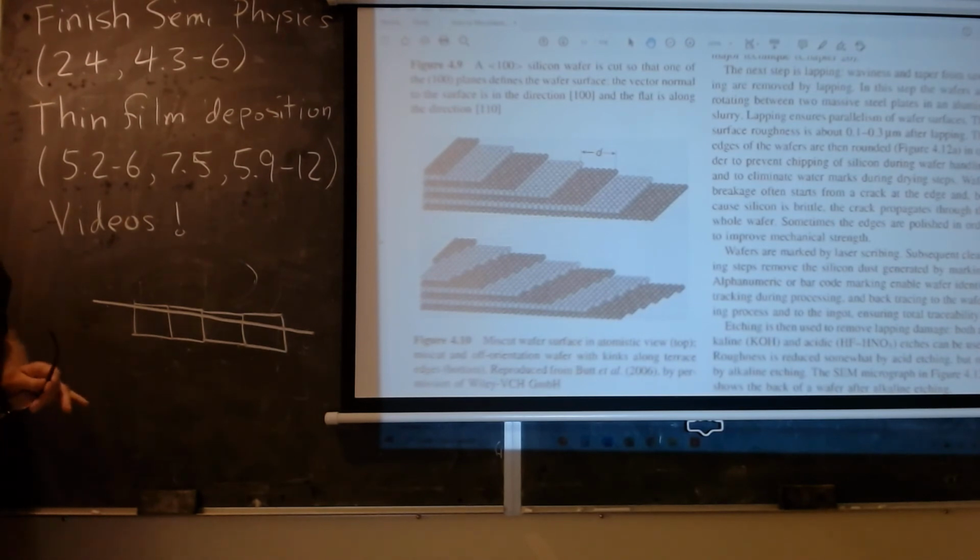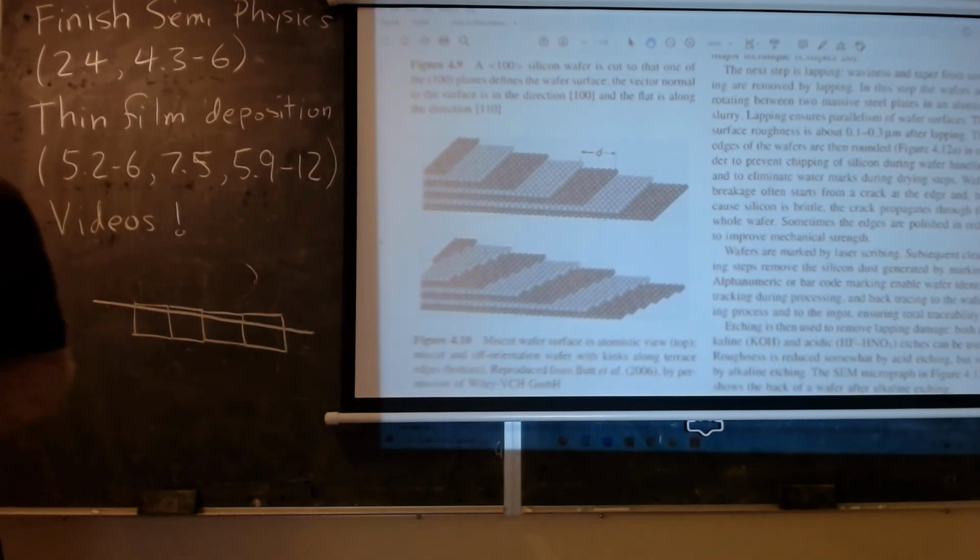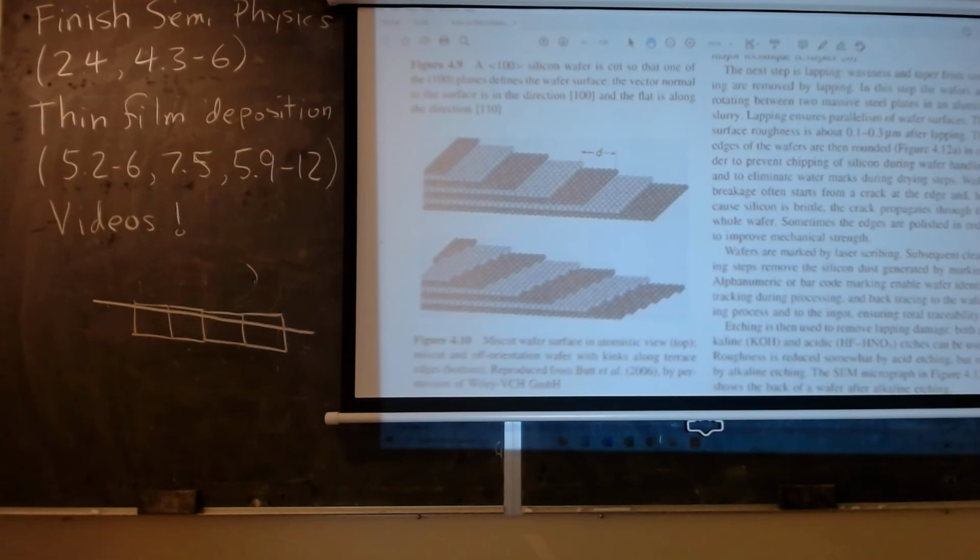Well, for some devices, it's actually desirable to have the surface broken up, so that it's not one single plane all the way across, and that can lead to better properties of devices that you fabricate. So that's called a miscut wafer, and there are various reasons for doing that.